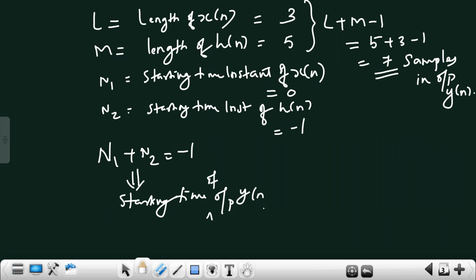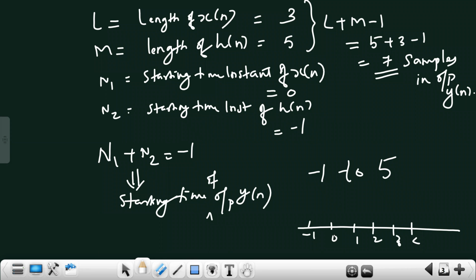So y of n should start from the time instant -1. It will exist from -1 to, there are 7 samples, so -1 to 5, isn't it? -1, 0, 1, 2, 3, 4, 5. Then you will get 7 samples: 1, 2, 3, 4, 5, 6, 7.